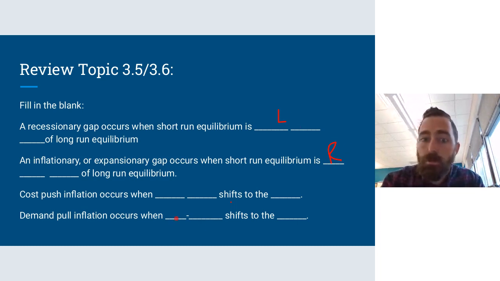Cost-push inflation occurs when short-run aggregate supply shifts where? Shifts to the left. And demand-pull inflation occurs, think of the term itself, demand pull. It's when aggregate demand shifts to the right. Showed in a couple of those graphs.